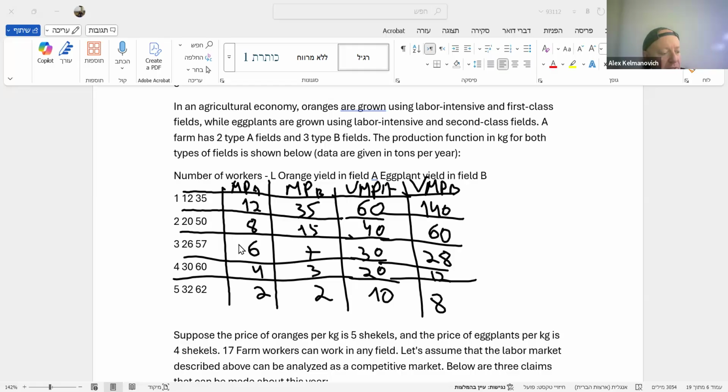You see, this is given information. We have 17 workers. So let's put them in places by VMP, from the biggest to lowest. We also have 2 fields A and 3 type B. So we'll begin here, 1, 2, 3.